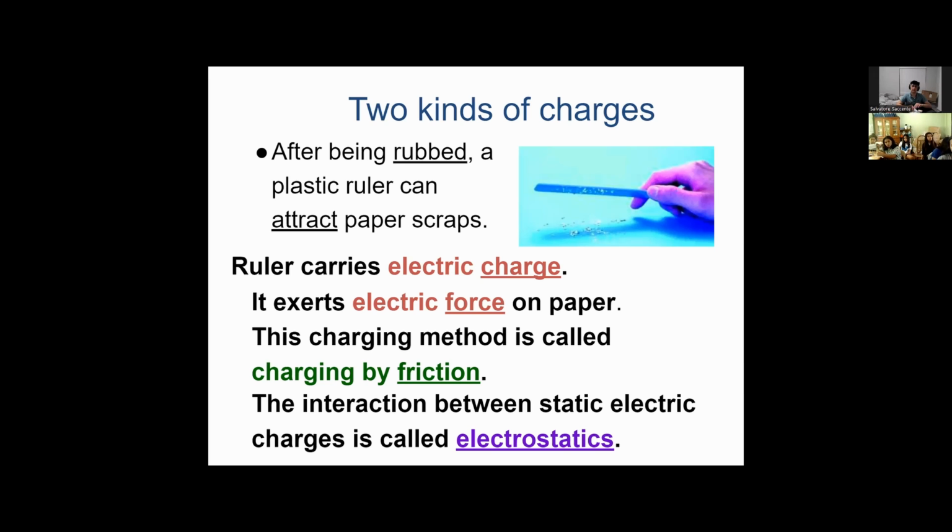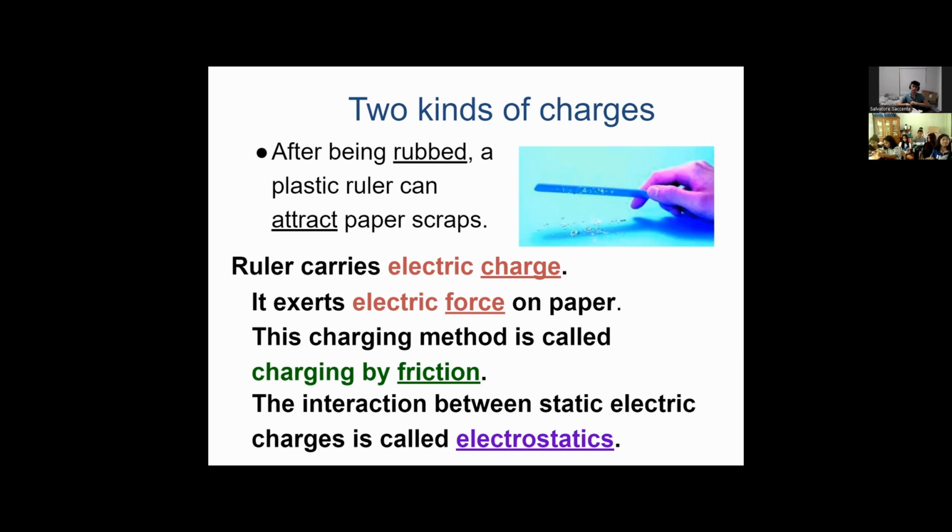Let's read at the bottom. It says a ruler carries an electric charge. It exerts electrical force on paper. Just like the picture shows, the paper is being attracted to the ruler after it's been rubbed through friction, gathering the negatively charged particles from the surface of whatever it may be.